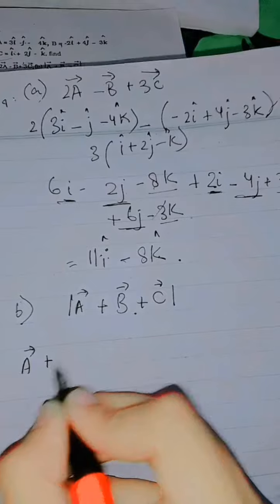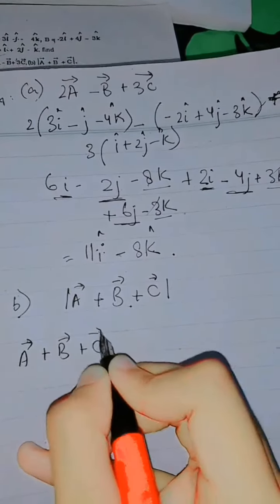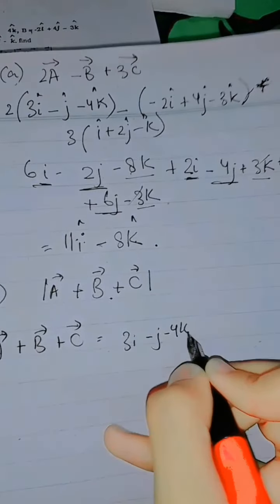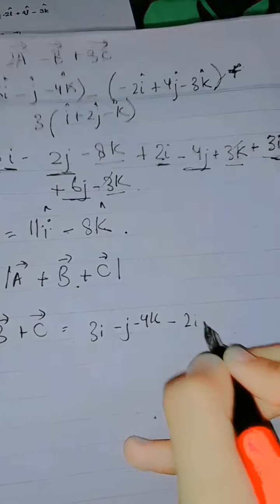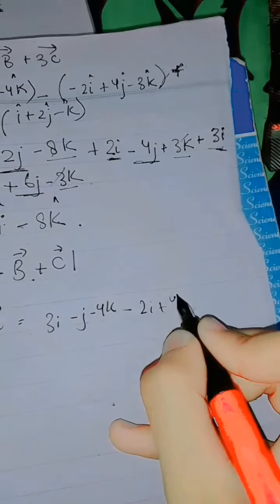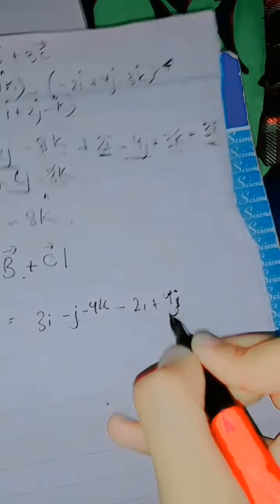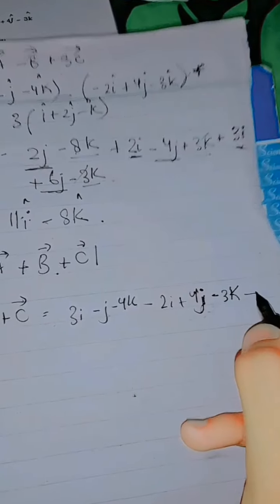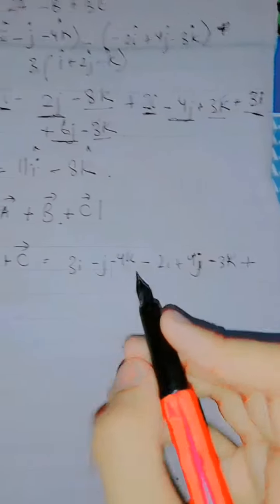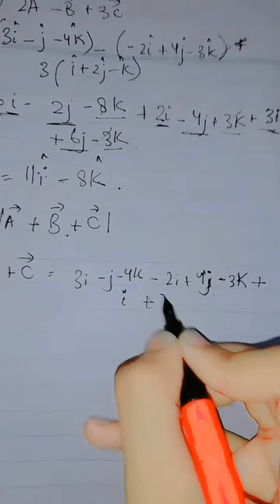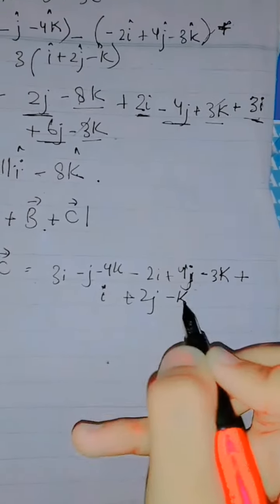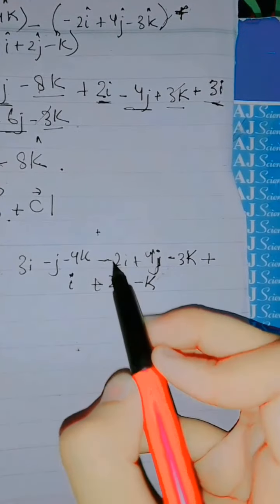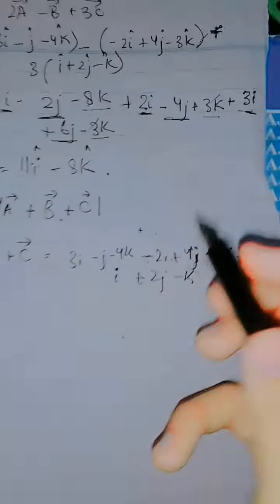Now the a value is 3i minus j minus 4k, minus 2i plus 4j minus 3k, and then the c value will be i plus 2j minus k. Here I have written minus because here it will be plus, and minus 2i will be plus.